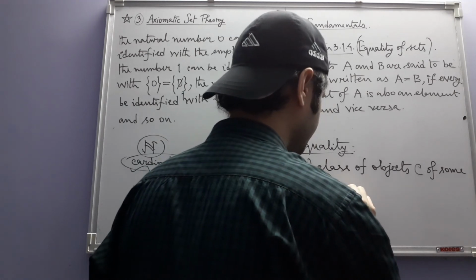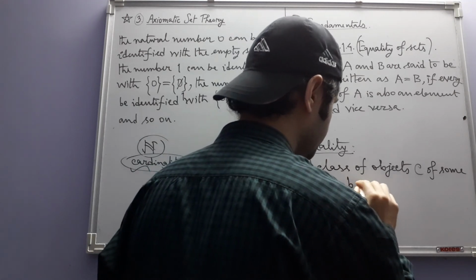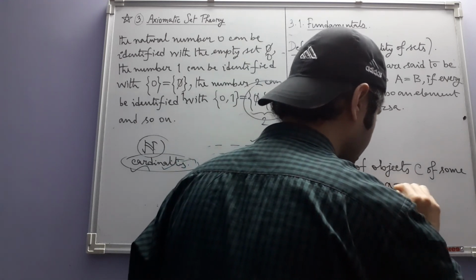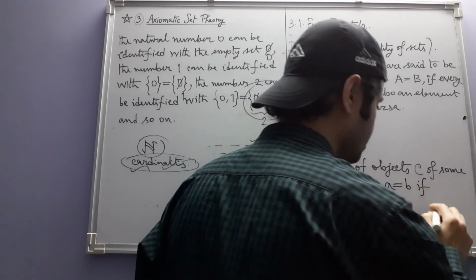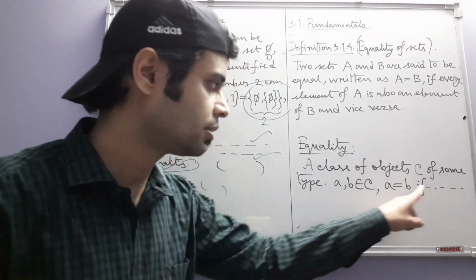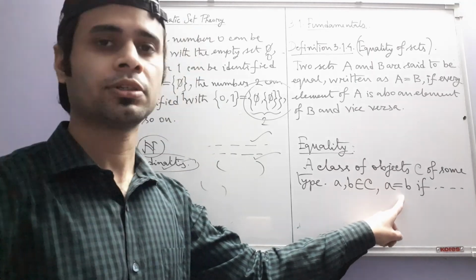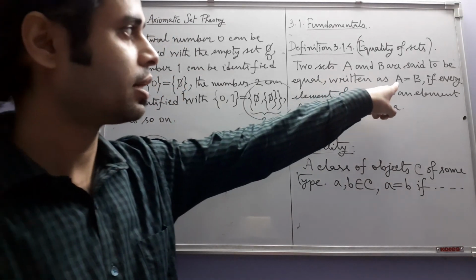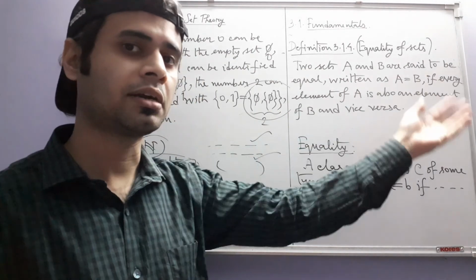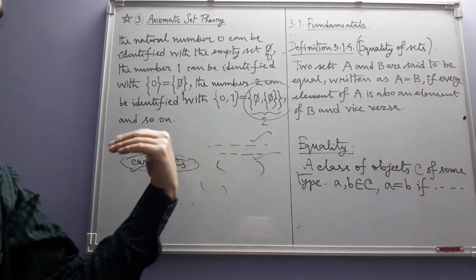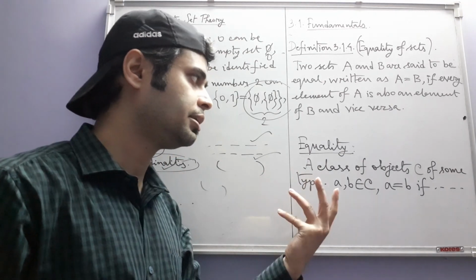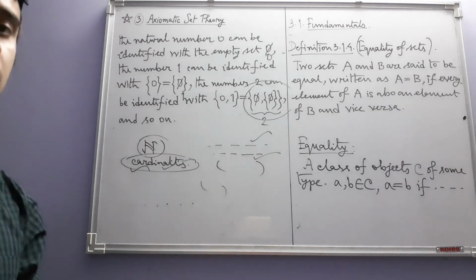If I have two elements A and B in this class, then I say A is equal to B if some condition holds. That condition determines the definition of equality. For example, here equality means that every element in A has to be in B and also the other way around. Now, you should not take this definition of equality so lightly.